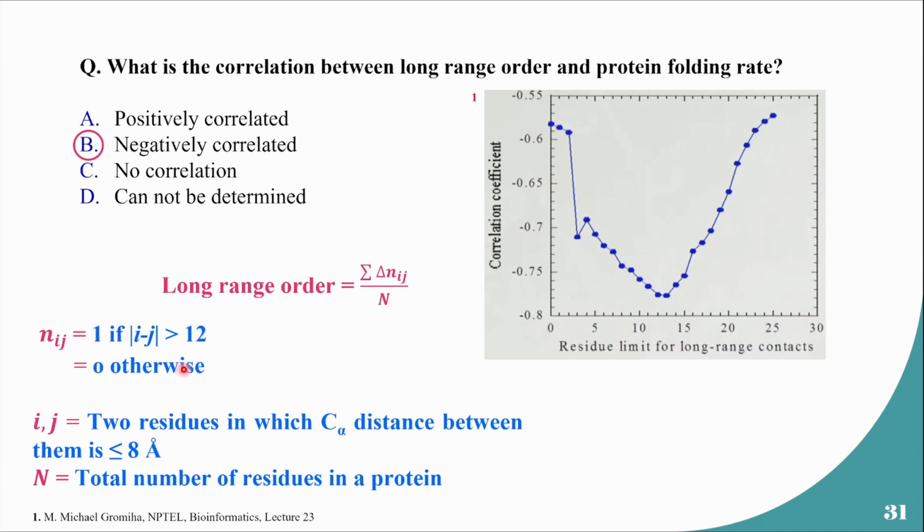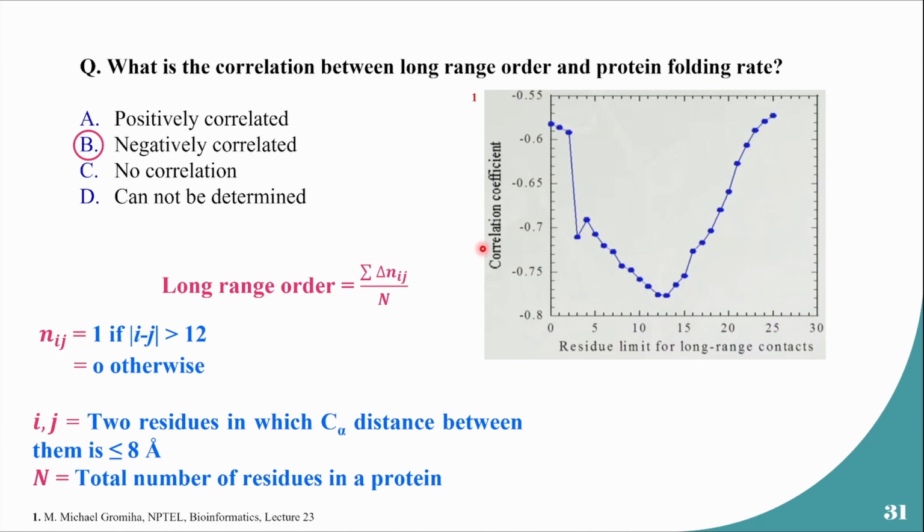Otherwise, we'll put a 0 there, and ultimately we'll do a summation, right? In this particular case, ij will mean that these two residues are forming contact, right? So if they have a long range contact, we'll put 1 here. Lower than 12, we'll put just 0 there. The 3D space interaction cutoff is considered as 8 angstrom here, and then N is the total number of residues in a protein. You can calculate the long range order using this formula.